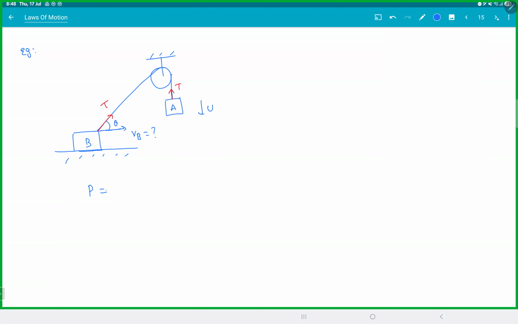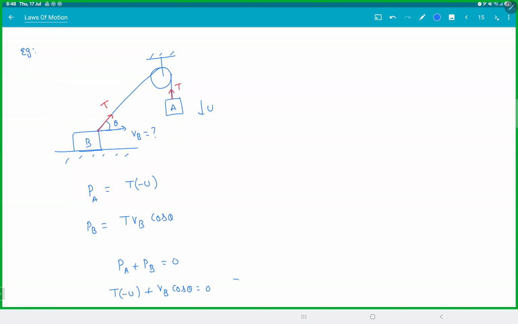So A's power will be T and U are in the opposite direction, so minus T into U. You can just write T into minus U. Power on B will be T VB cos theta. Total power is 0. You'll get T into minus U plus VB cos theta is 0.